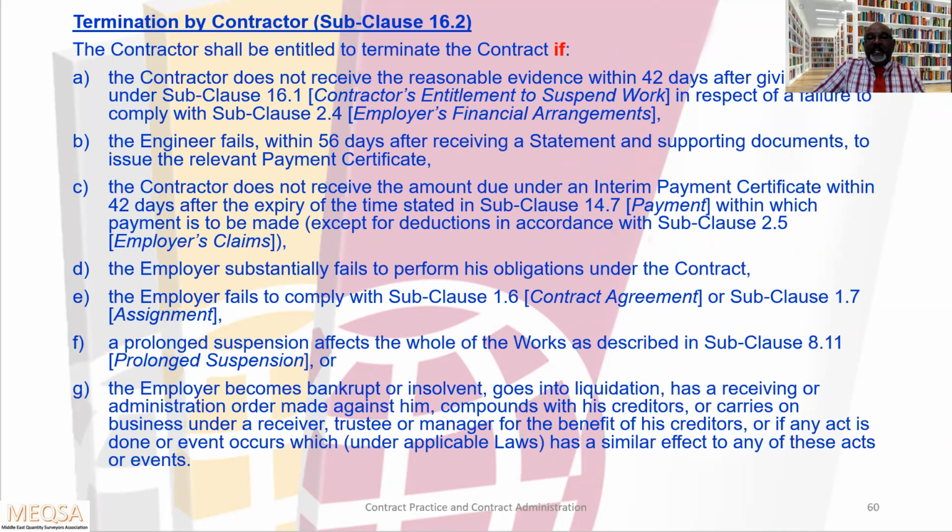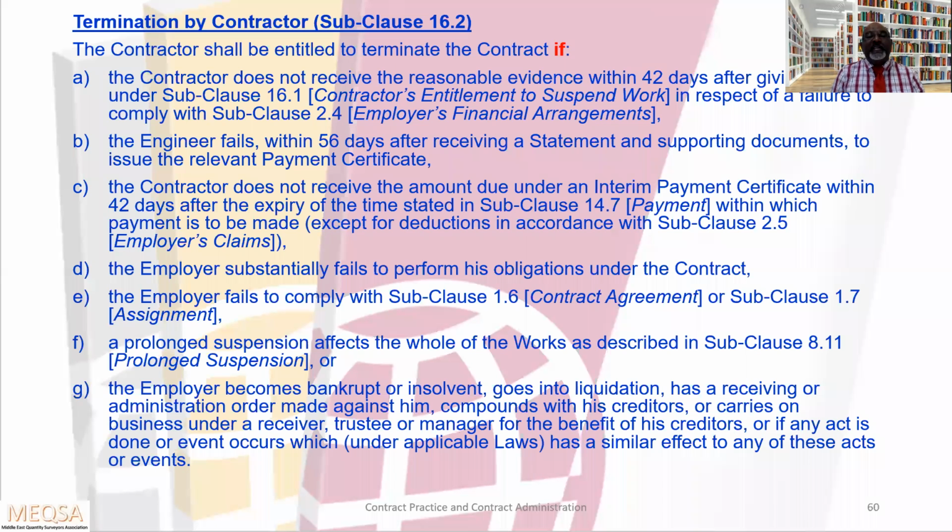Termination by contractor. The contractor shall be entitled to terminate the contract if: A, the contractor does not receive the reasonable evidence within 42 days after giving notice under subclause 16.1 in respect of failure to comply with subclause 2.4, employer's financial arrangements.